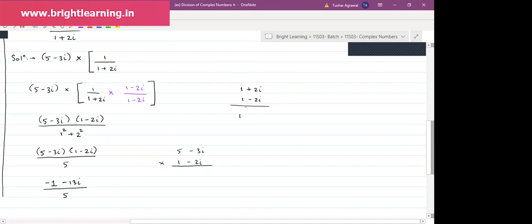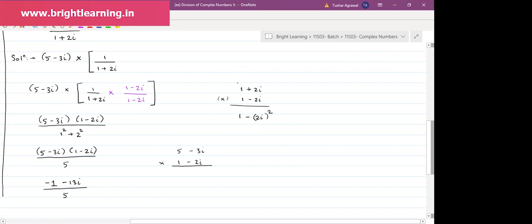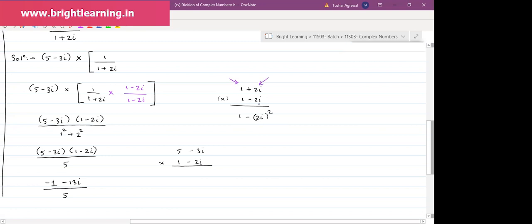Okay, first do it by the standard method. So what is the standard method? It is the distributive law that we use. 1 into 1, and then subtraction, minus 2i whole square, yes or no? Yes, sir. By the cross multiplication that we will do, 1 into 2i and 1 into 2i will have opposite signs, so they will cancel out.